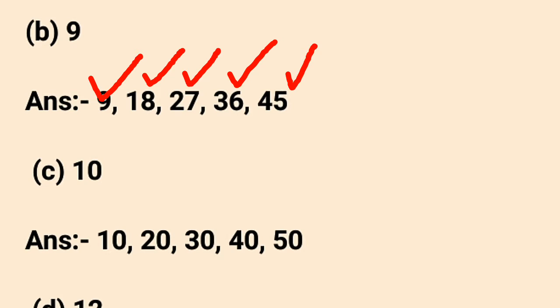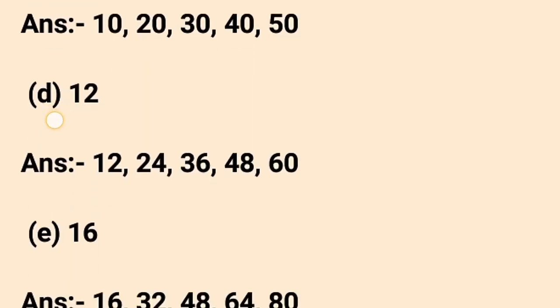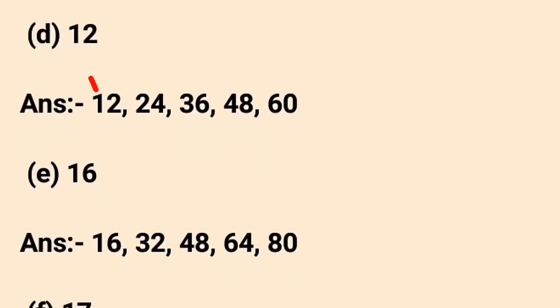C part is 10. So answer is 10 ones are 10, 10 twos are 20, 10 threes are 30, 10 fours are 40, 10 fives are 50. Now next D part is 12. So 12 ones are 12, 12 twos are 24, 12 threes are 36, 12 fours are 48, 12 fives are 60.